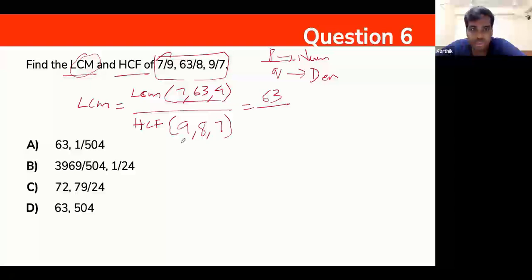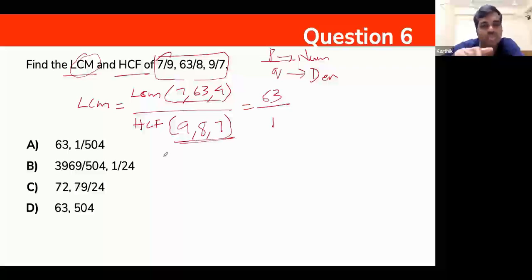So the highest number that can divide 9, 8 and 7 is 1. Other than the 1 table, you cannot find these three numbers together in any table.